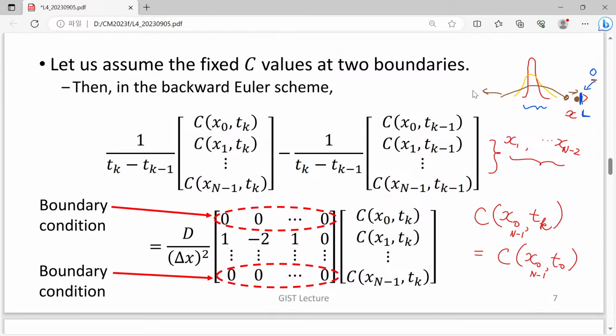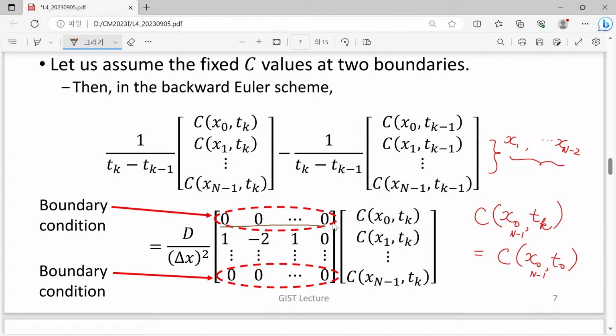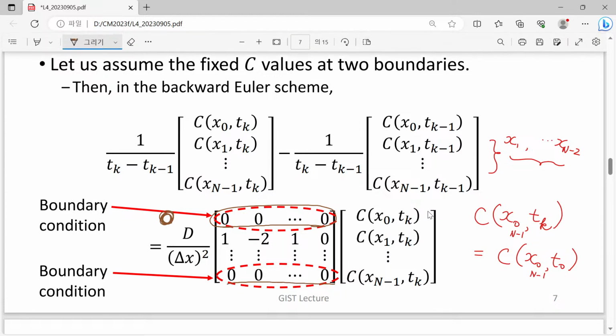But please have a look at my suggested form here, and please try to read it. What is it? Here we have all 0 and C vector. So this null row vector gives you just null for the first one. And also the operation of this null row vector and this C vector gives once again a scalar 0.